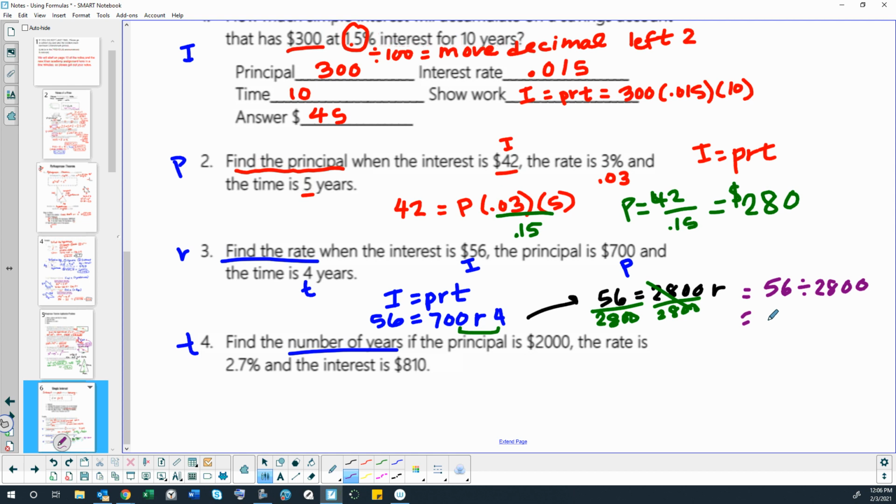So that gave me 0.02. So now I prefer to give my answer as a percent. I'm going to multiply it by 100. And when I multiply that by 100, it moves our decimal place 2 places. So that will be 2% interest. So there's the decimal for the rate, and there's the percent for the rate.